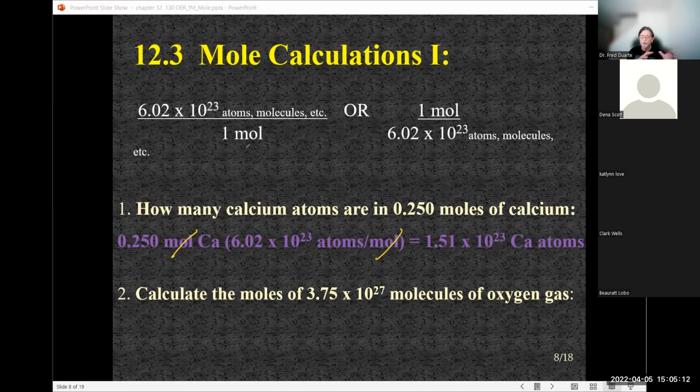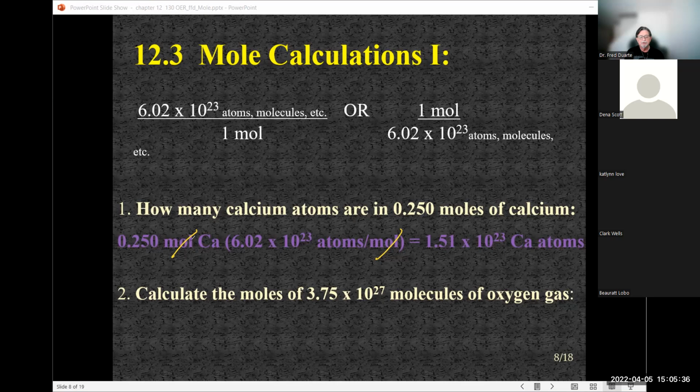This goes back to something I overemphasize, and I will continue to emphasize. This goes back to how we did the first couple of chapters. Remember when we were doing conversion factors, I talked about follow the units, make sure you've got it set up properly, because we're going to use that technique when we do calculations for chemical reactions, and we're getting close to that stage.